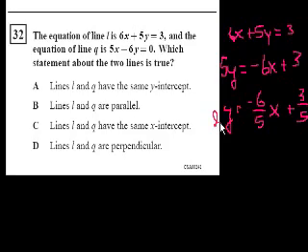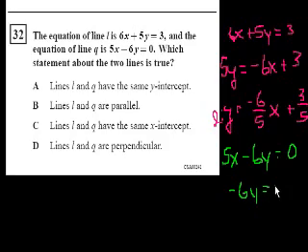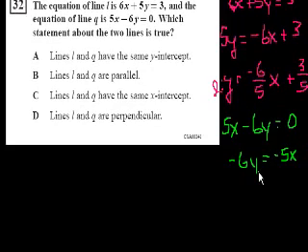So this is line L right here. I'll do line Q in a different color. So Q is 5x minus 6y is equal to 0. Let's subtract 5x from both sides. You get minus 6y is equal to minus 5x. If you divide both sides by negative 6, you get y is equal to minus 5 divided by negative 6, it's 5/6 x.